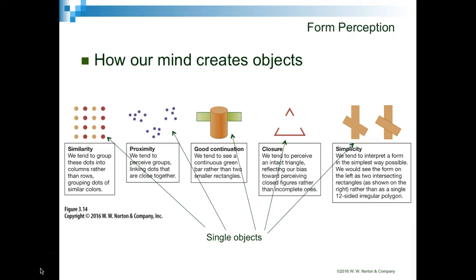I'd like you to think about Gestalt perception as all top-down processing. Maybe the interesting thing about Gestalt perception is that we have developed these mental shortcuts or heuristics that we follow to help us identify objects.